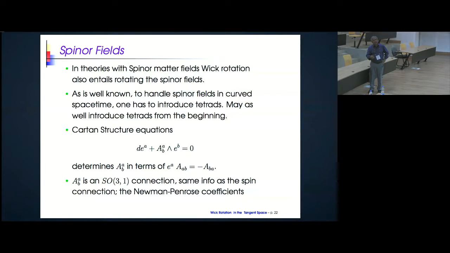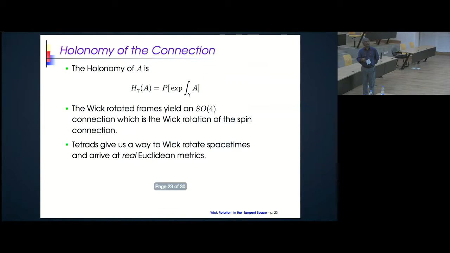The Cartan structure equations tell you about the holonomy. This A is the gravitational version of the holonomy, the vector potential. And this equation determines the connection in terms of the tetrads. It happens to be antisymmetric because it's an SO(3,1) connection. Now, this has got the same info as the spin connection, the Newman-Penrose coefficients, which are normally used when talking about GR and the Kerr metric.